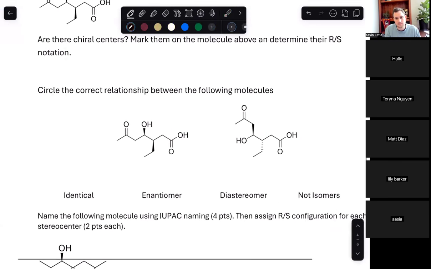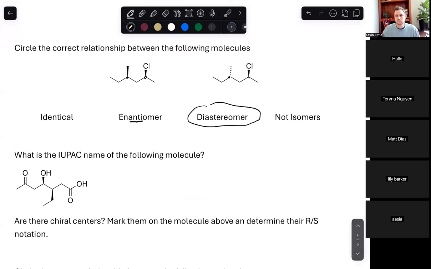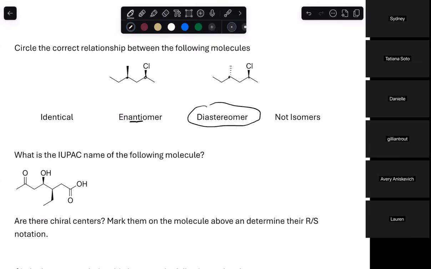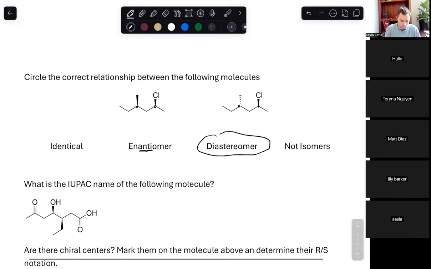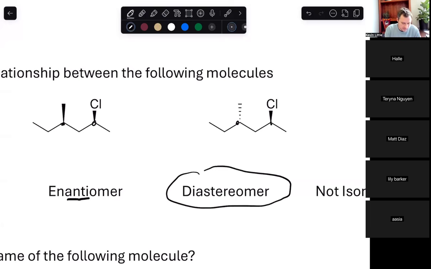So basically, what would make it an enantiomer is if they were facing down instead, right? Even if one has a wedge and a dash and they both have wedges, as long as it's going down, it would be an enantiomer? Enantiomer means all chiral centers are opposite.